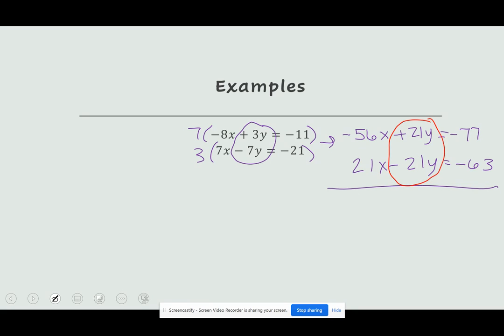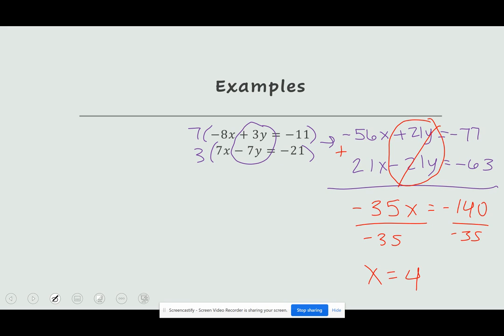My y's are going to cancel out. Negative 56 plus 21 is negative 35x. And then negative 77 minus 63 gives us negative 140. My last step is to divide by the negative 35. So we get that x equals positive 4.